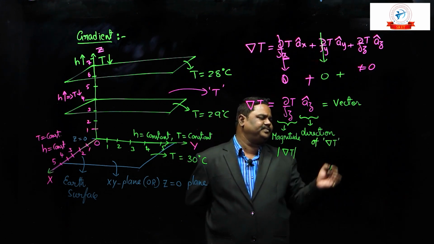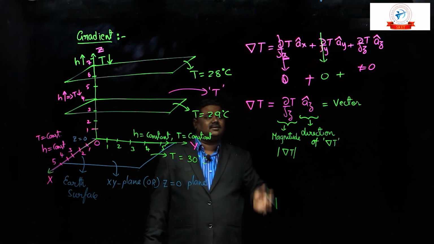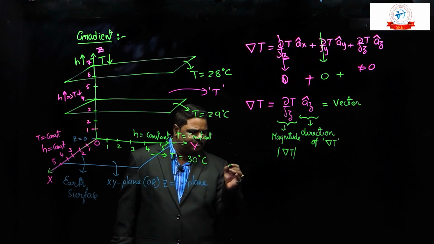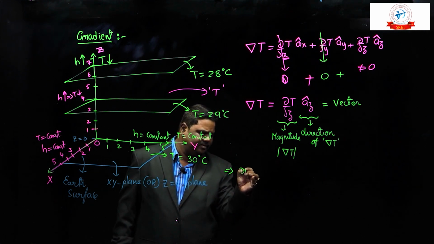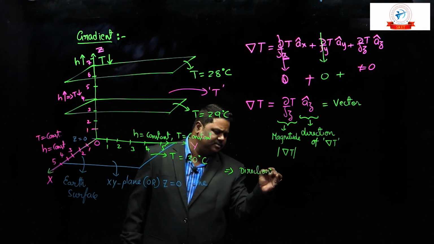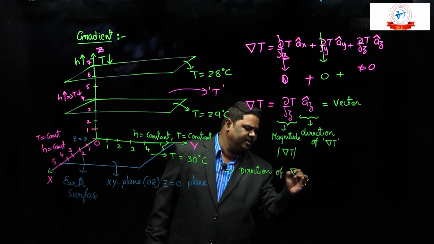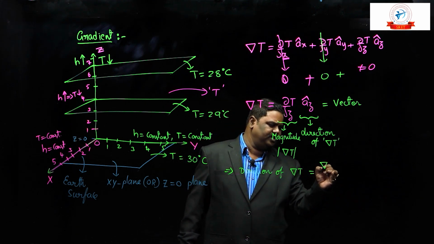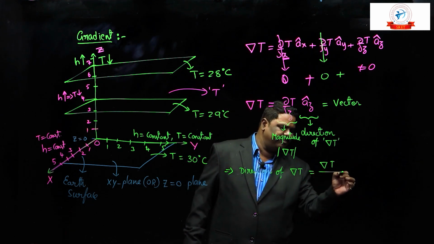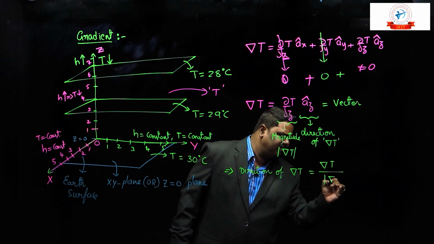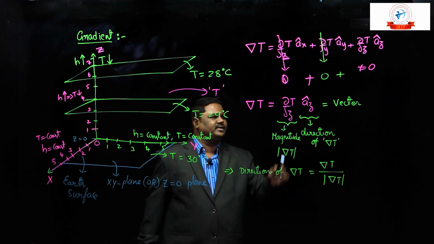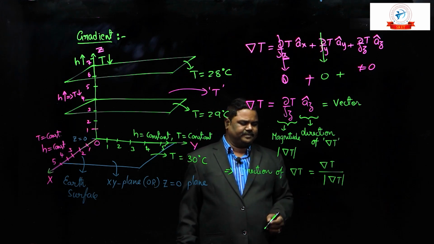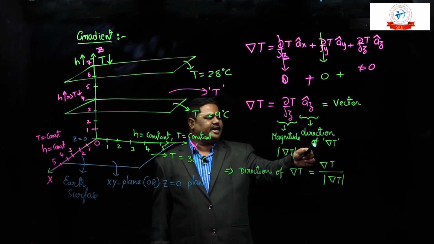Now here I would like to concentrate on what is the direction of gradient of T. From this equation, the direction of gradient of T is equal to gradient of T divided by magnitude of gradient of T. This dou by dou z of T is nothing but the magnitude of gradient of T. So, what is the direction of gradient of T?